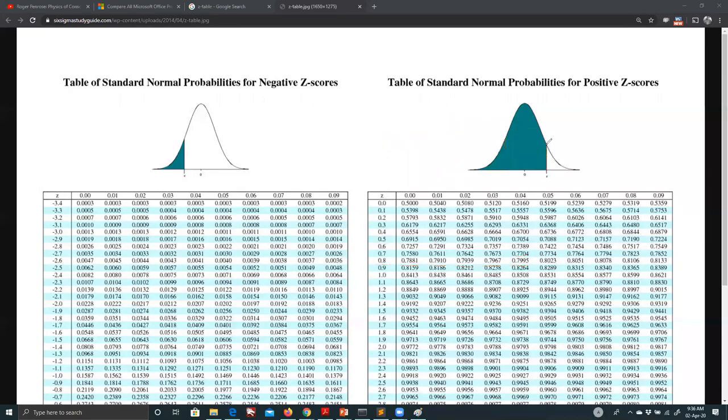Now, what about two-tailed? What about this middle one? Let's say you want the middle 80%. How would you get it? Any idea?